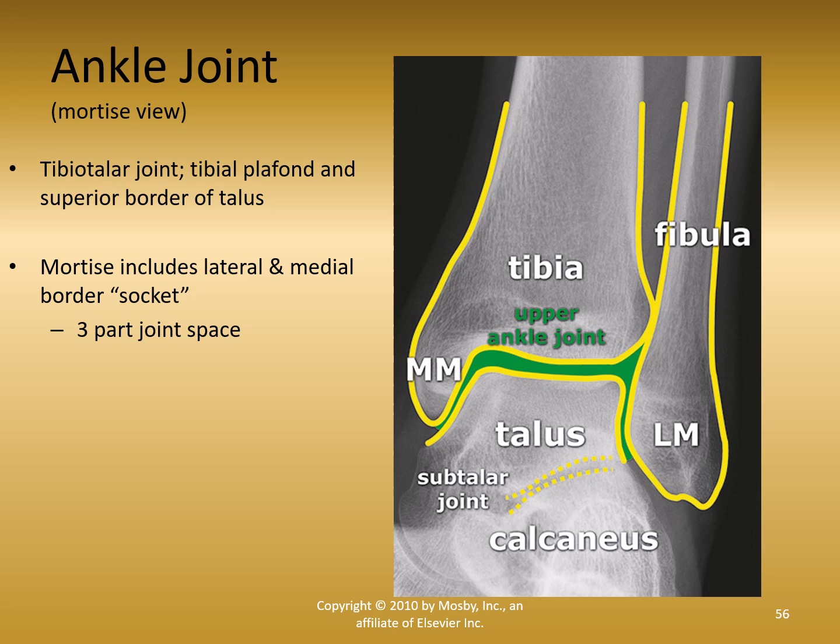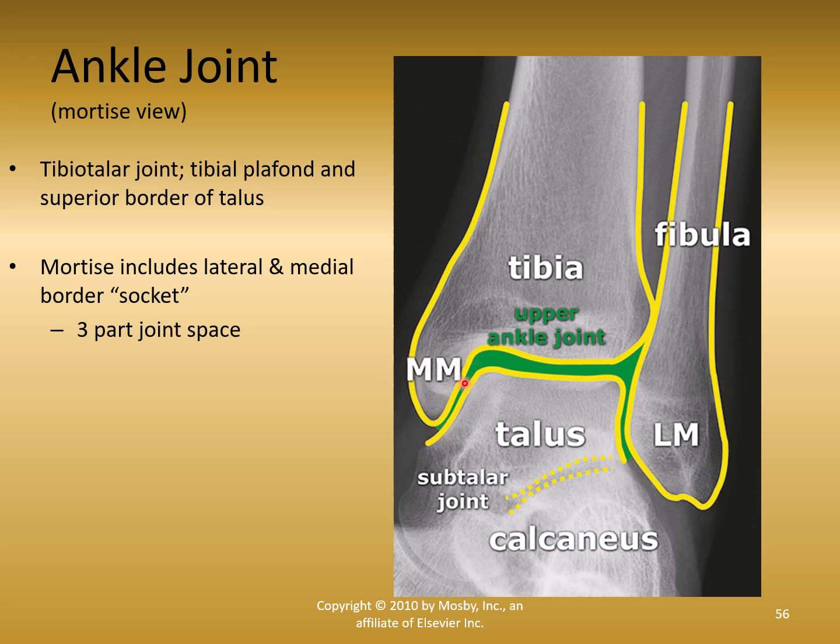Okay, so this is the ankle joint Mortise view. We can see all of the green shaded area, and I'm going to draw it in just in case you can't see it, or maybe I'll just do the pointer here. I'm going to follow it from the medial malleolus, the MM.